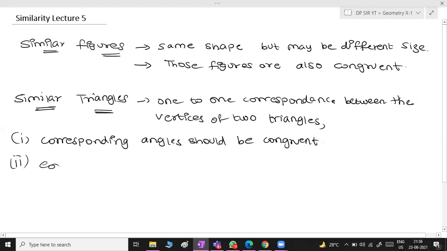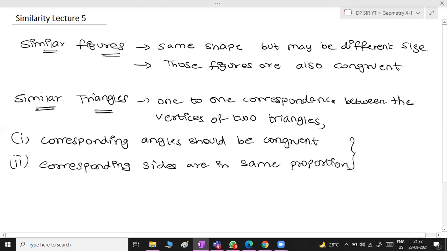This is more appropriate. If this condition is satisfied, then this correspondence is known as similarity.